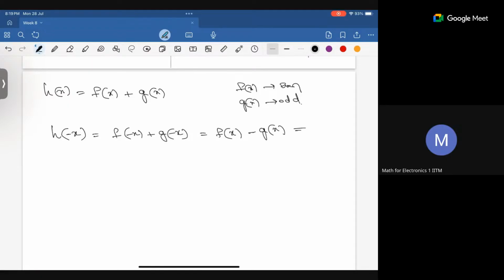This is not equal to h of x, and similarly it is not equal to minus h of x. Therefore, you can imply that h of x is neither even nor odd. These are very nice, beautiful two-step proofs. Maybe this is how I fell for math. Maybe you can also try, and maybe one day you will also start liking math.